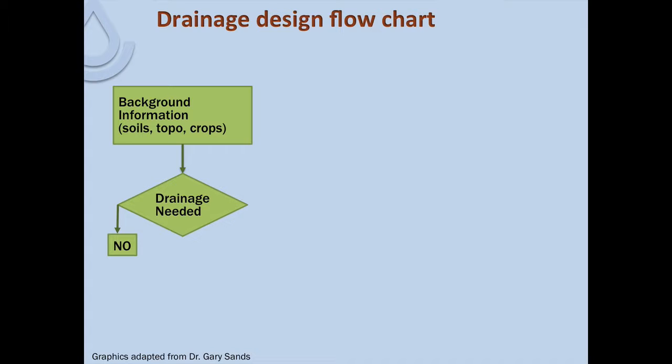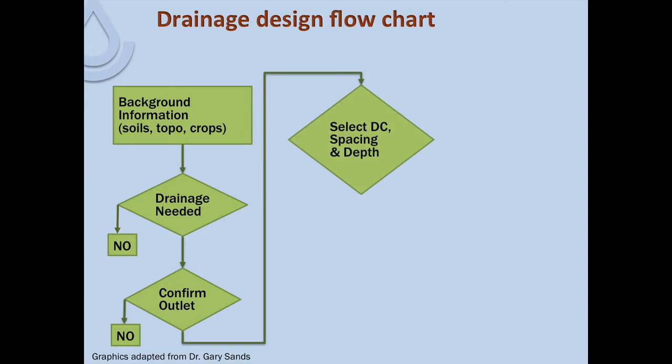So assuming that we answer yes, then we move on to, again, a key concern, making sure that we've got an adequate outlet. So we need to confirm that we've got a place that we can take that water and that that outlet is adequate to handle the drainage water that we're planning to deliver to it. If we can't answer that yes, then we're more or less stuck at that point. But if we can answer that yes, then we move on to selecting a drainage coefficient, which means selecting drain spacing and drain depth.